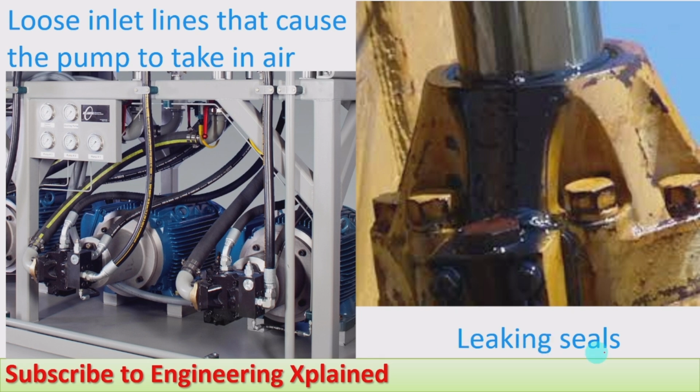The next one is leaking seals. Where the moving parts are there, those moving parts are sealed with seals, so that oil should not leak through those moving parts. For example, the piston rod inside the cylinder where it is connected, some seals are used, the oil seals.